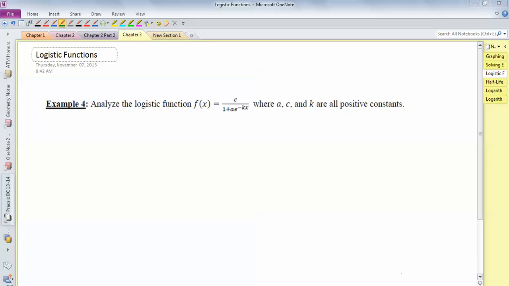Okay, so in this video, I want to talk about the logistic function, which is this nasty looking thing. One of the things that I mentioned in class is we talk about exponential growth all the time, using it as a model for how populations expand.